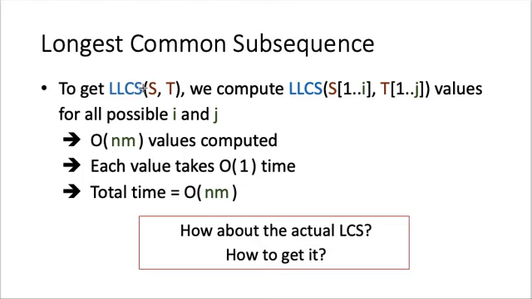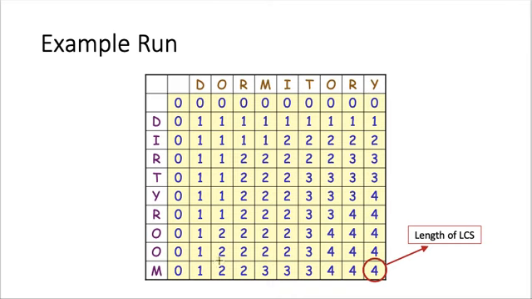Now, the previous run allows us to see how we can compute LLCS of S and T. We basically compute LLCS of S[1..i], T[1..j] for all the possible values of i and j. So that means that we have computed all the entries in this table. Now, when we compute a certain entry, it takes a constant amount of time, because we either compare these two or we add 1 to this value.